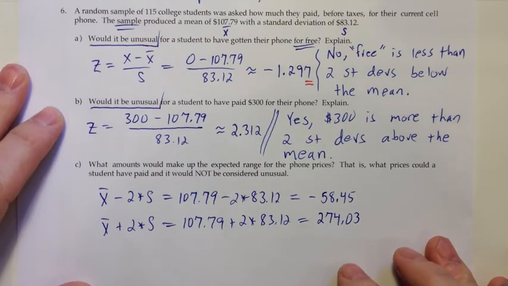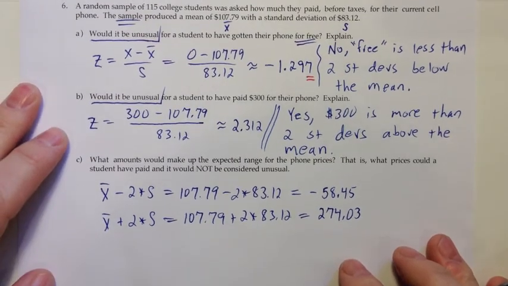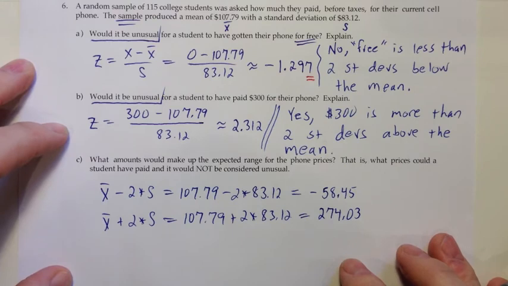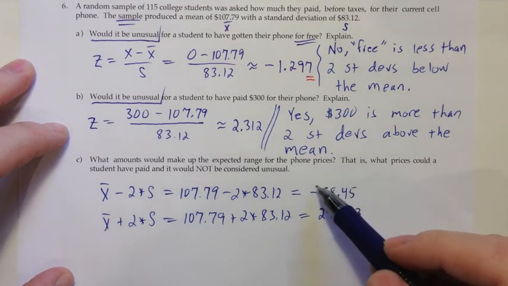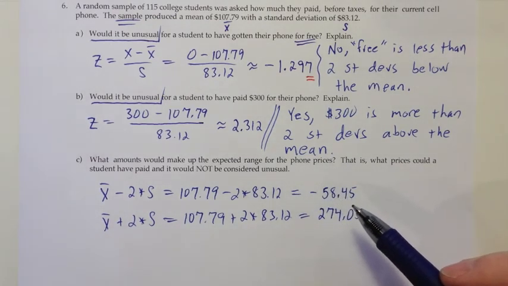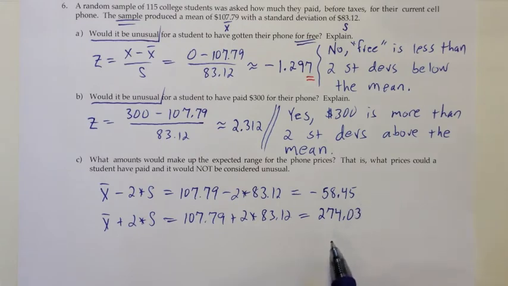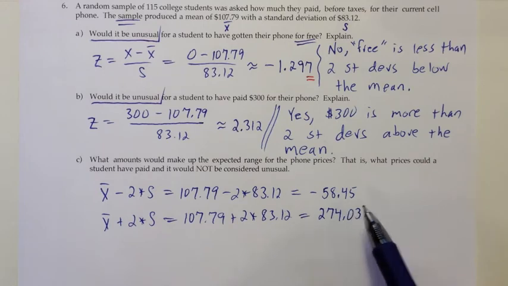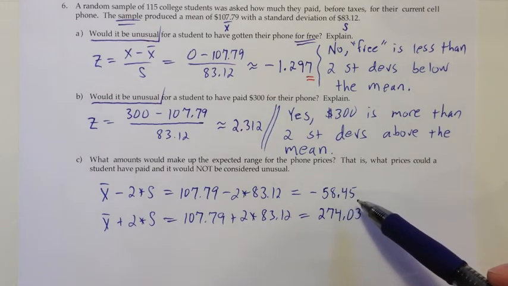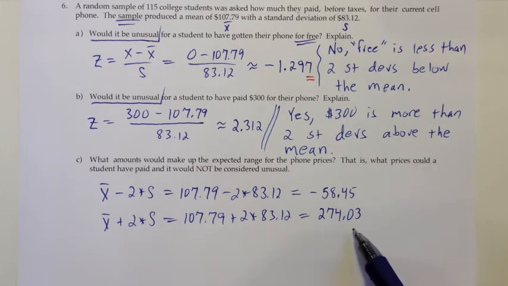And when I give the answer, I want to think about the actual variable, which is the cost of the phone before taxes. It can't be negative. The cheapest it could be would be free, and then anything below this 274.03 would also be in that expected range. So I guess if this was a continuous variable that could be negative, I would say the expected range is anything between negative 58.45 and 274.03.